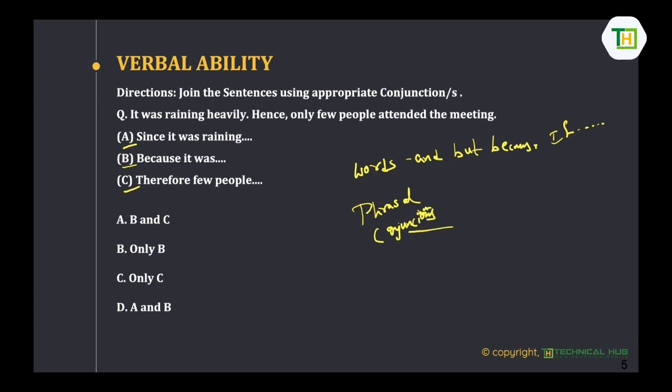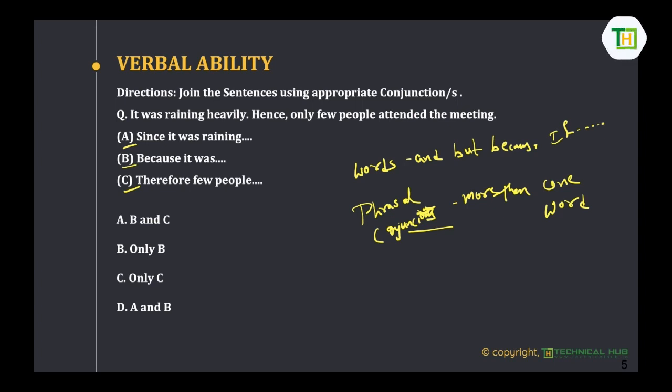Okay, I may have made some spelling mistake, but the spelling of conjunction is correct here. Oh, there is nothing wrong. Okay, so phrasal conjunctions. Now what happens? Phrases means more than one word actually. If there is more than a word, you have to say it as a phrase.